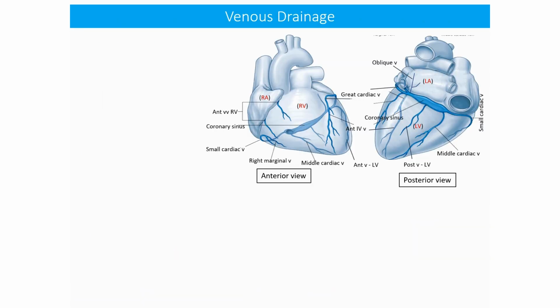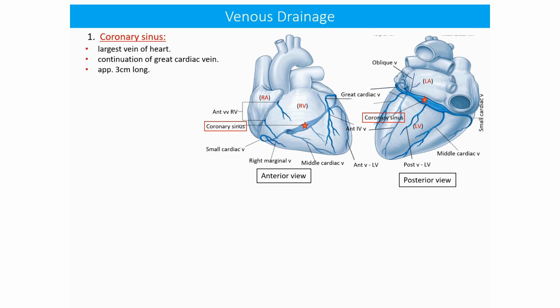The venous drainage of the heart is mainly through two routes. One is indirect through the coronary sinus, and the other one is direct through the veins which open into right atrium. First, the coronary sinus. It is the largest vein of the heart and is actually the continuation of great cardiac vein.